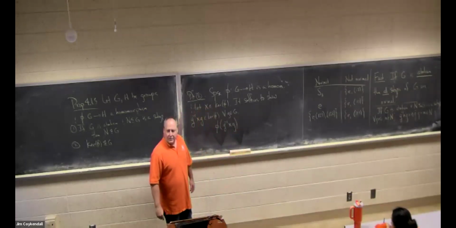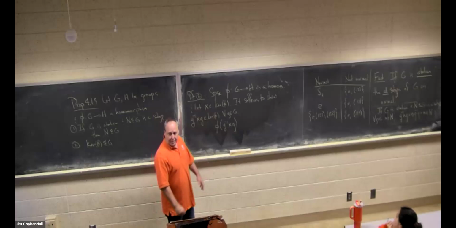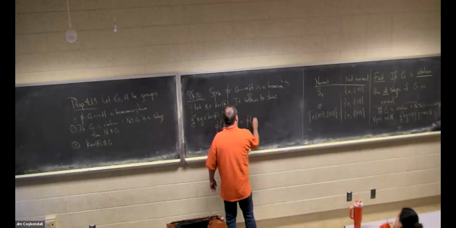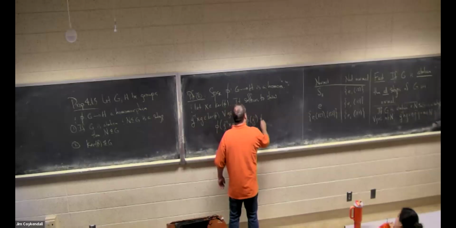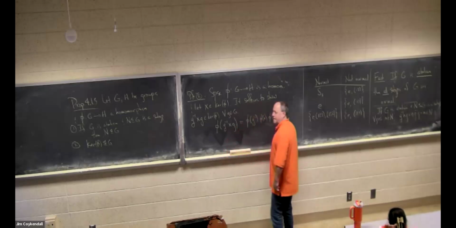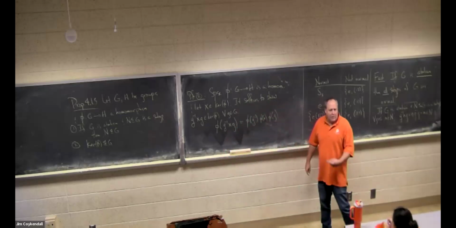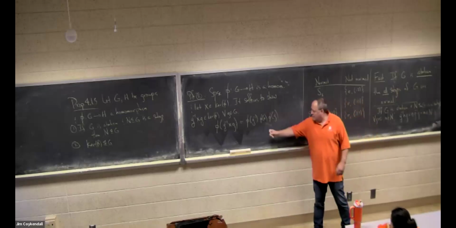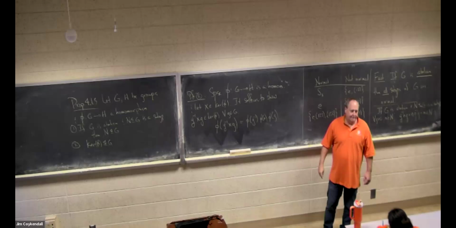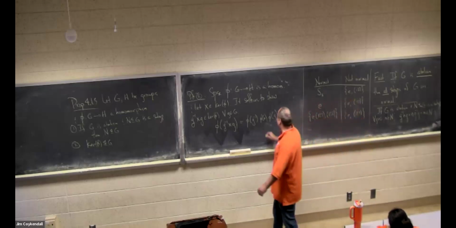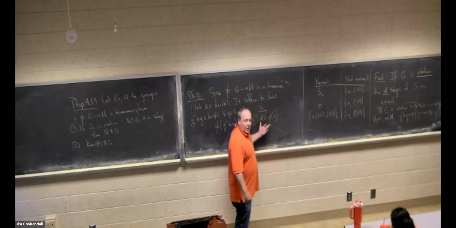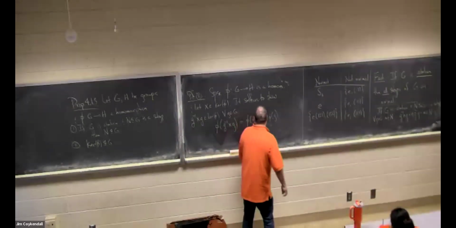Because it's a homomorphism, I can break this up into its pieces. Right? And what do you know about the middle of the Oreo here? That's right, this is just the identity of H. So we get this.